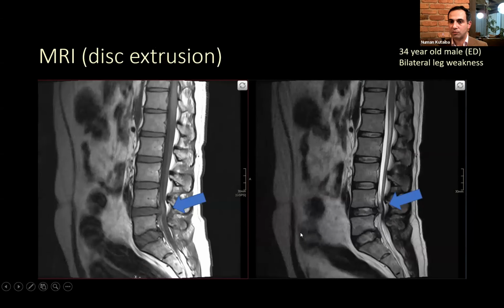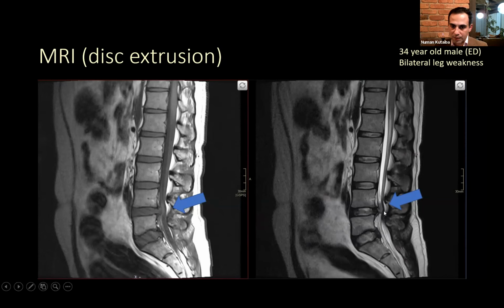Also, young patients can have disc prolapse and herniation with extruded disc material, not from degeneration, but more from an acute injury, such as lifting heavy boxes or doing some heavy manual work that requires bending. This patient presented to emergency with bilateral leg weakness. This is the lower part of the cord. This is the cauda equina, and this is the thecal sac.